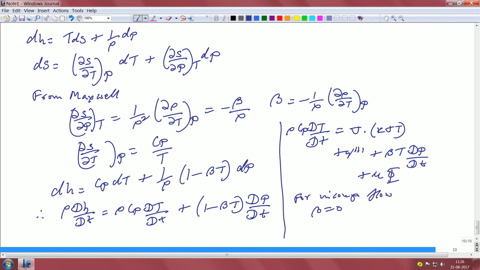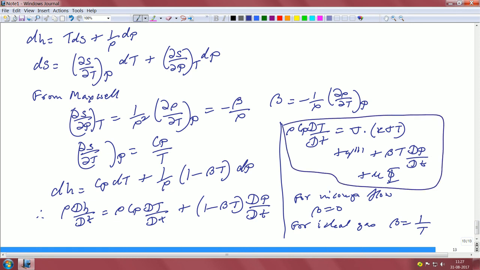For an ideal gas, however, beta is equal to 1 over T. For incompressible flow, beta equals 0 because density is not changing. As you can see, the moment that happens, this entire problem becomes highly tractable.